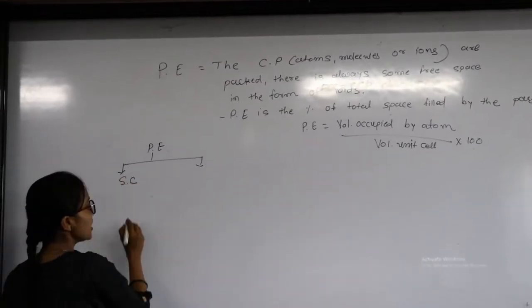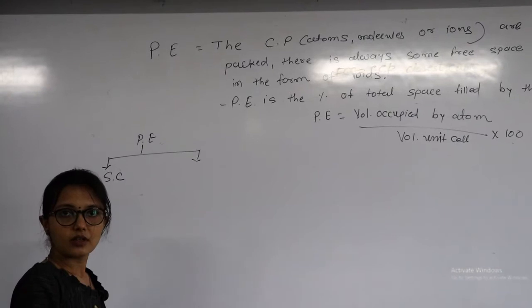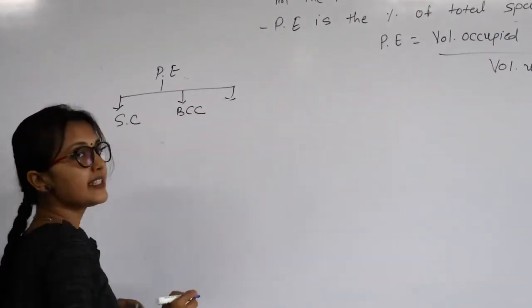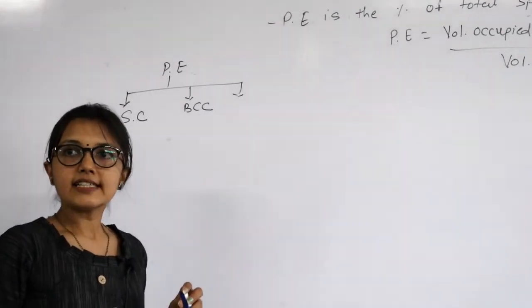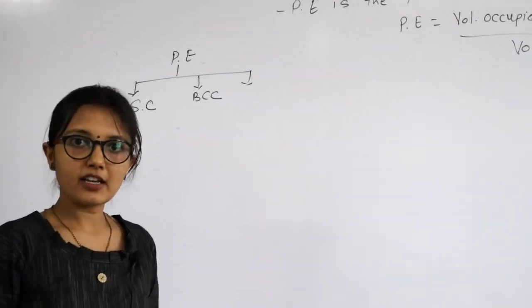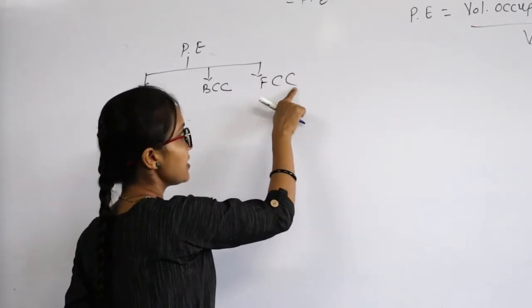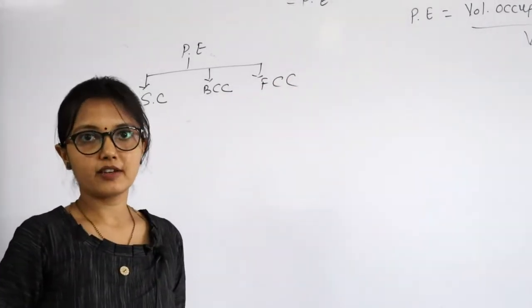Simple cubic, the second one is BCC. BCC means body centered cubic, and FCC means face centered cubic.